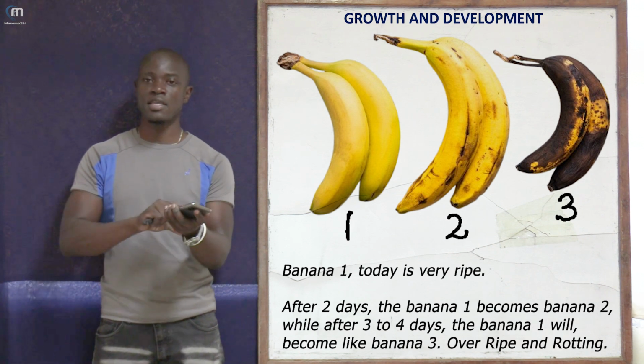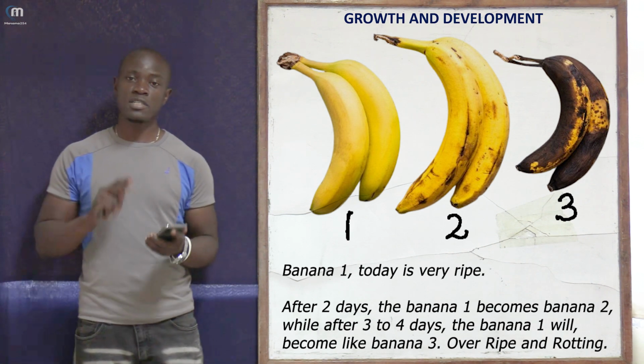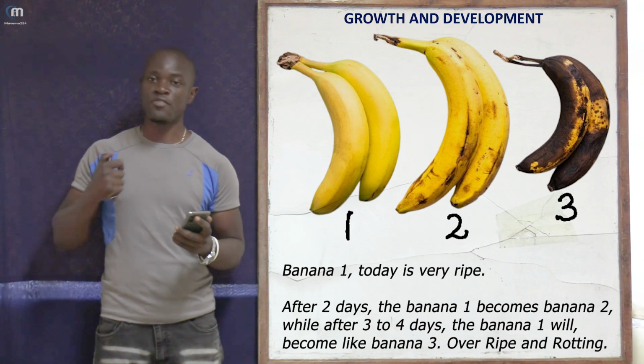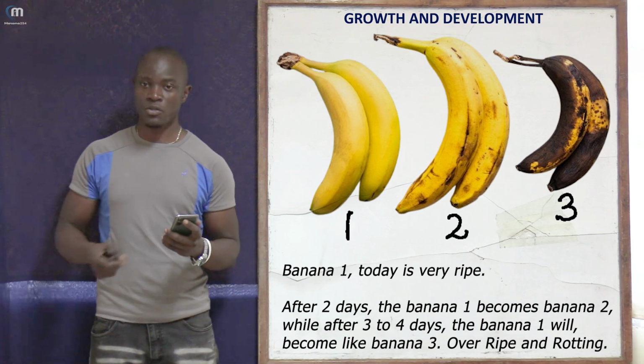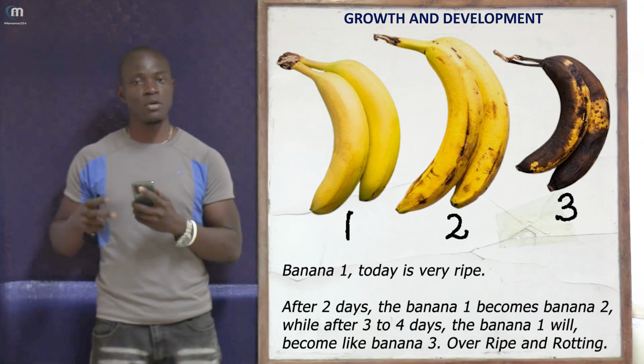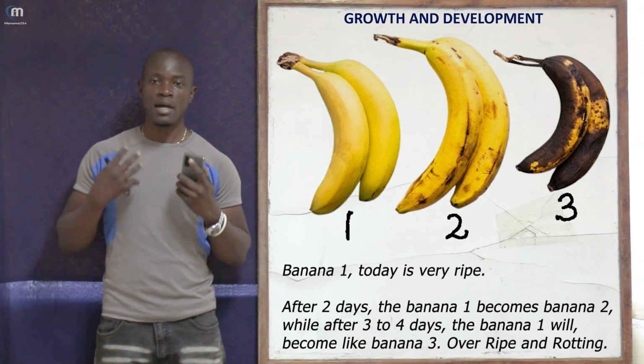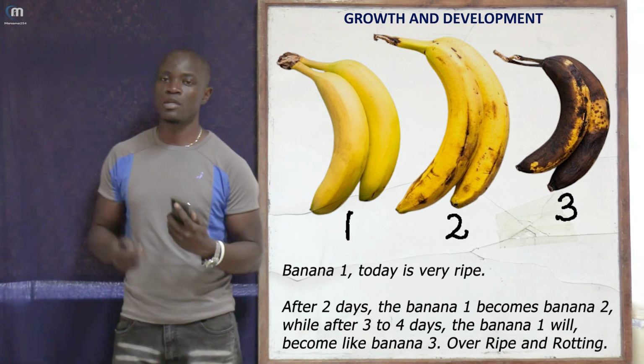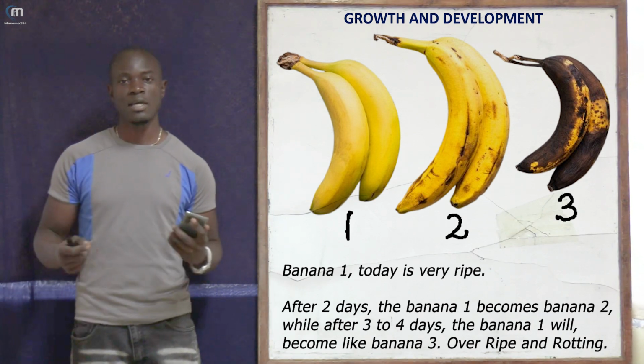If you press it, it is soft. So what some farmers do is inject different fruits with ethylene hormone. If you inject any fruit with ethylene hormone, that fruit is going to ripen and mature very fast. That is what they do to mangoes, bananas, oranges, etc.